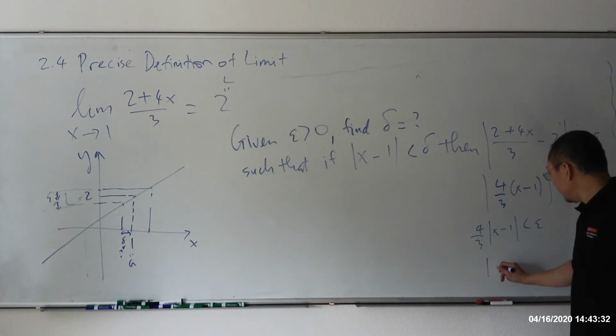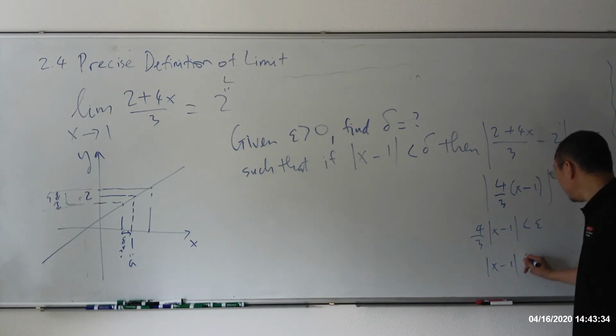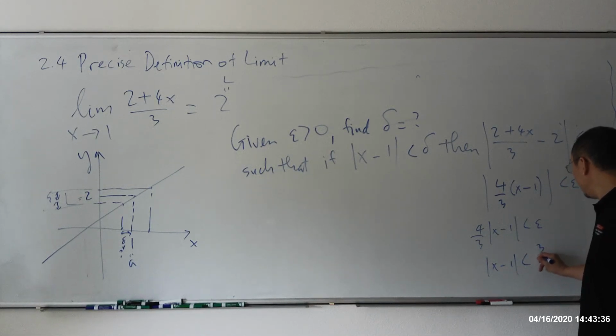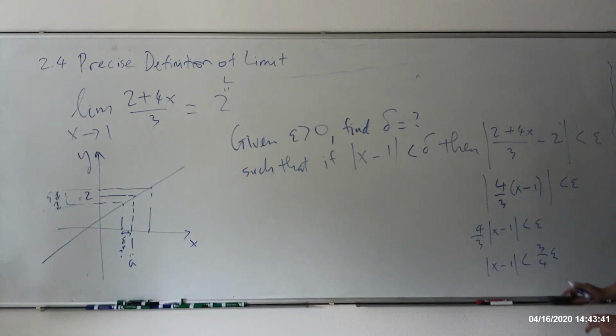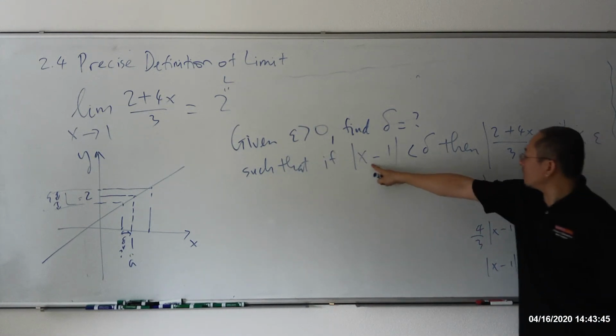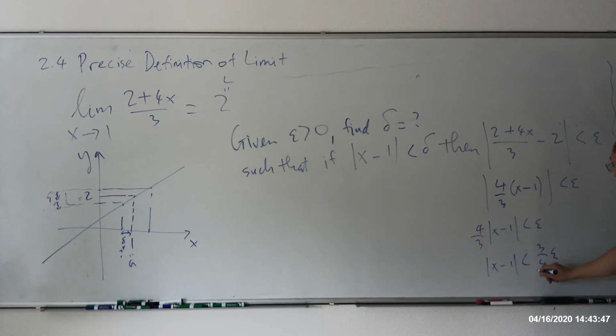In other words, |x minus 1| is going to be less than 3 over 4 epsilon. I multiply both sides by the reciprocal of 4 over 3, which is 3 over 4. And you see x minus 1 right here is less than a quantity, and this is what we call delta.